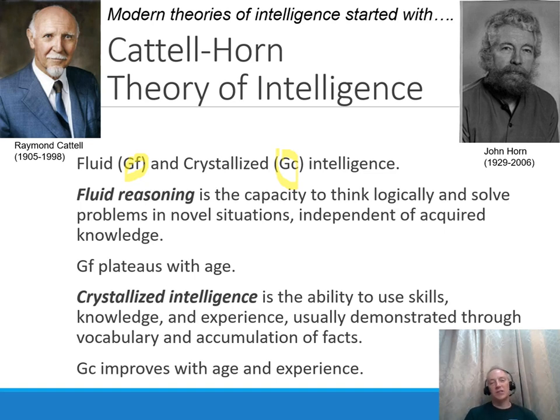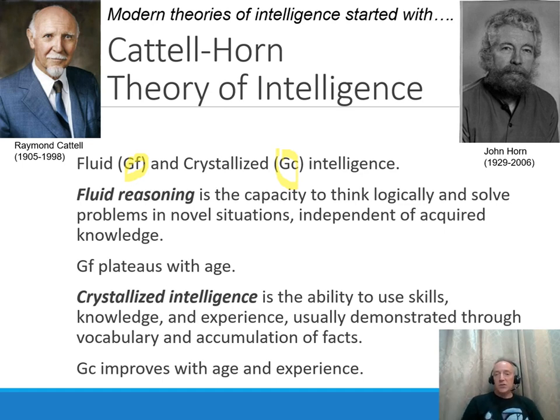Crystallized intelligence is the kind of intelligence you get from schooling, from reading, from having life experiences. It is the ability to use this accumulation of knowledge and facts that you have.